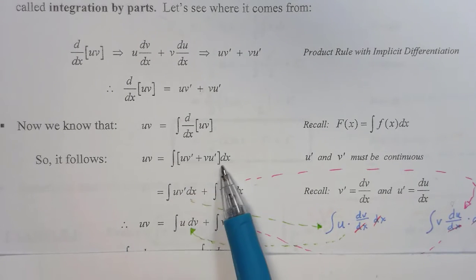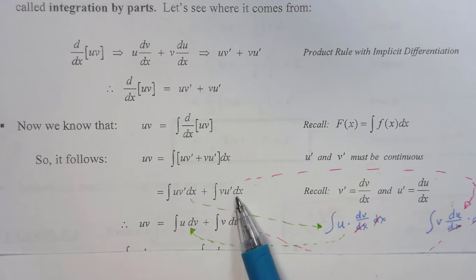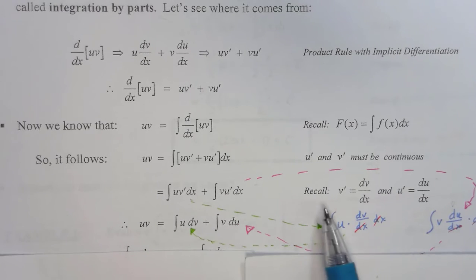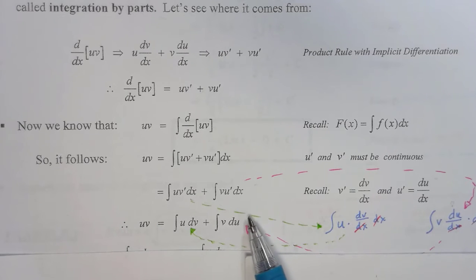This becomes two separate integrals: the integral of uv prime dx plus the integral of vu prime dx. And if we recall, v prime is dv dx, so the dx is canceled and I get the integral of u dv plus, likewise, u prime is du dx, dx is canceled, the integral of v du.